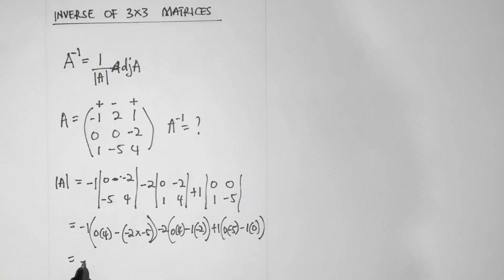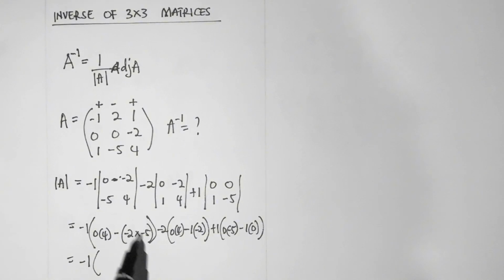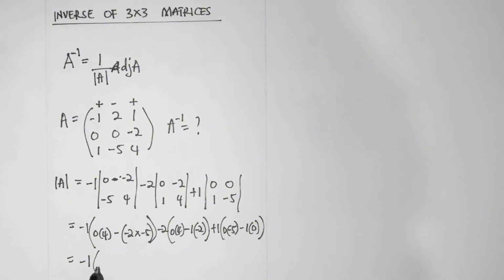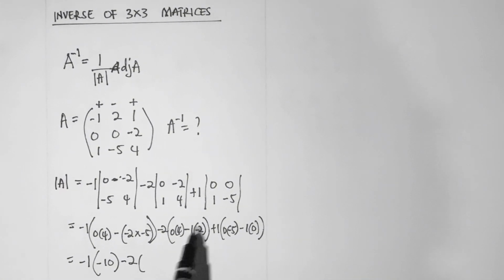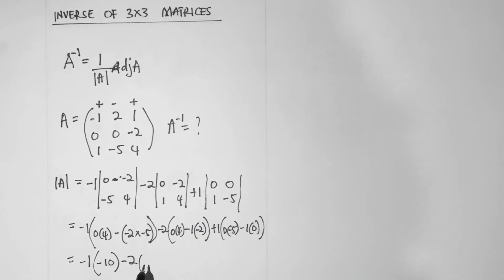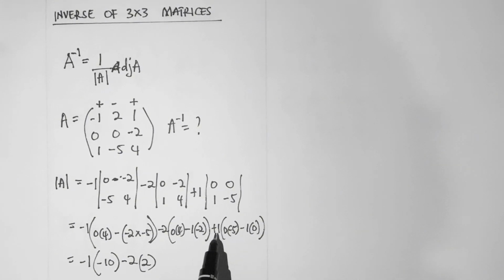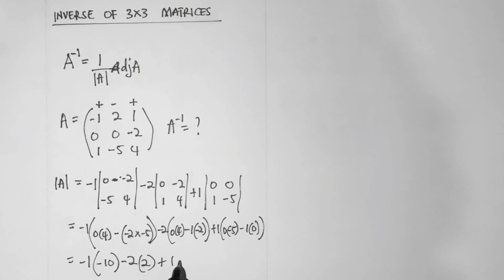So this is equal to minus 1. 0 times 4 is 0. Then minus 2 times minus 5 is 10. 10 times minus 1 is minus 10. Then here is minus 2. Minus 1 times minus 2 is 2. So here is 2.